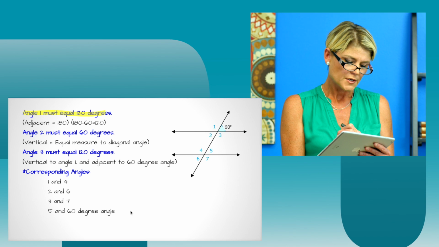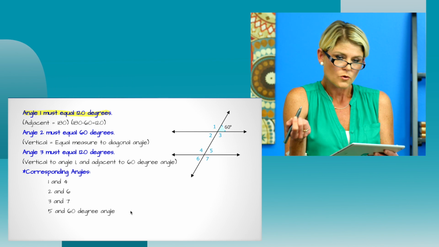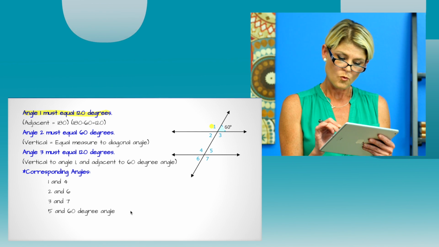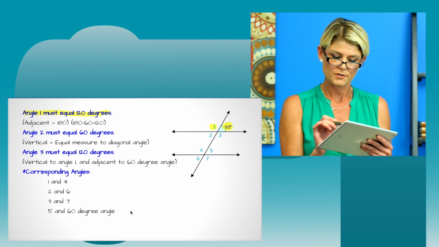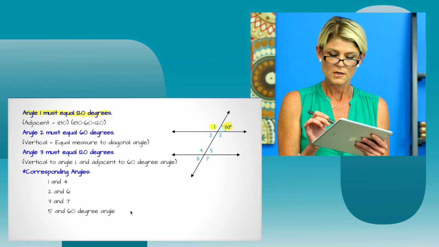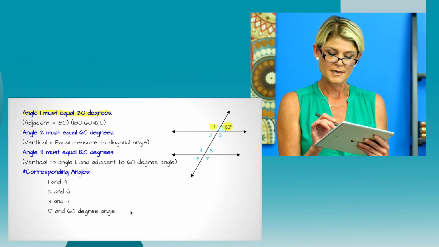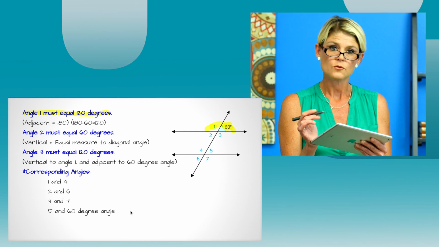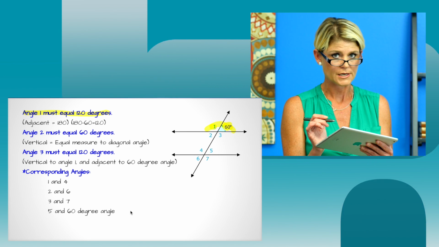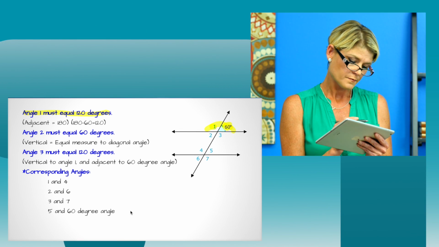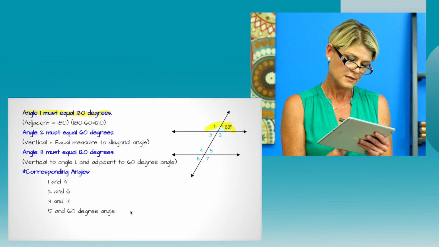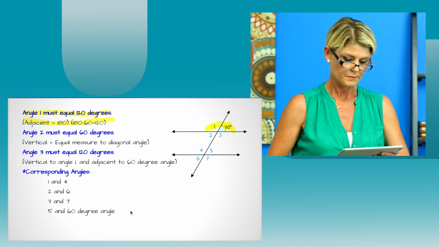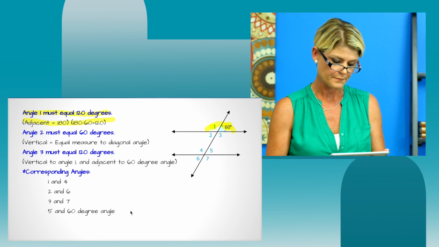Angle 1, you may have already figured out, it has to equal 120 degrees. Why? Well, because this angle, it doesn't have a number, we'll maybe call that angle 0, is 60 degrees, and it's adjacent to angle 1. We know that has to equal 180 degrees. So angle 1 has to equal 120, because 120 plus 60 is 180, or 180 minus 60 is 120.